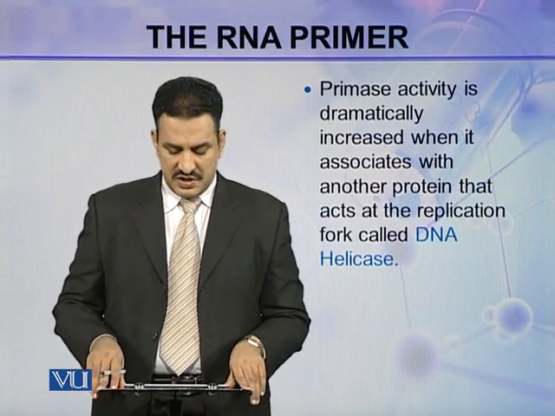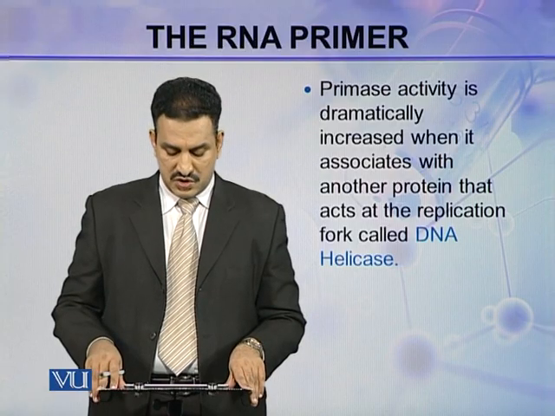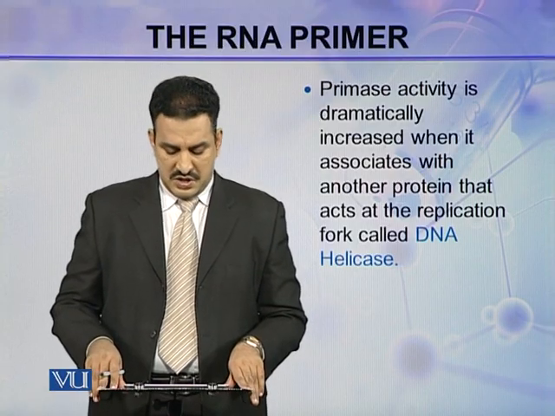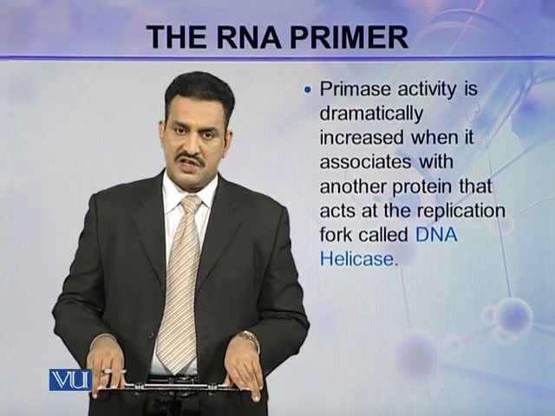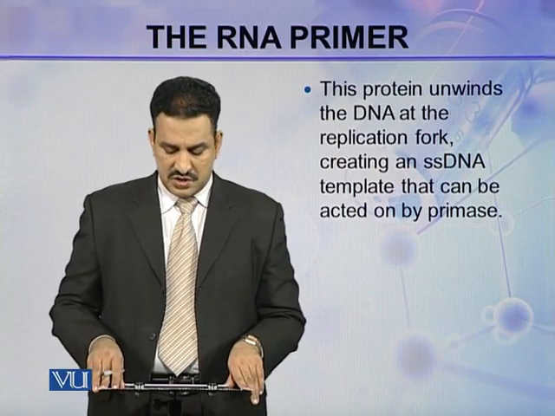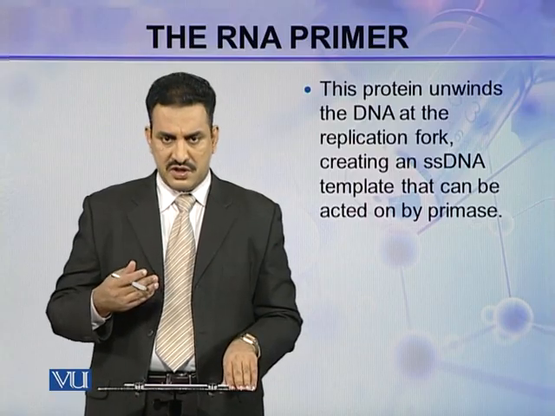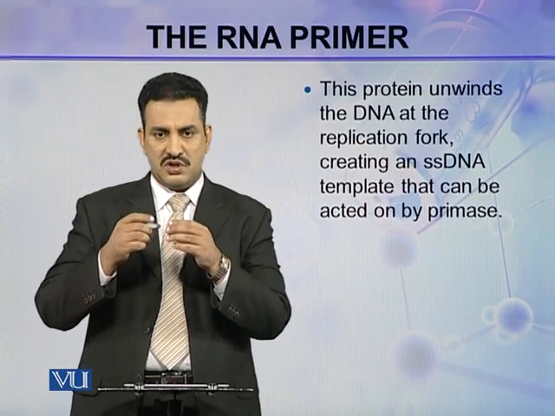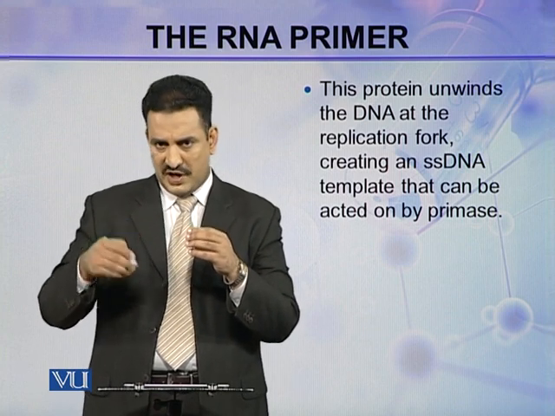Primase activity is dramatically increased when it is associated with another protein that acts at the replication fork, and this protein is called DNA helicase. DNA helicase unwinds the DNA at the replication fork, because you know the DNA molecule is helically coiled.